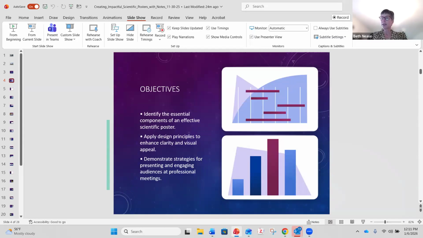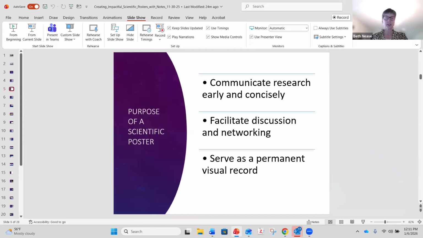So we're going to get started by thinking about why posters are so impactful and why we do this at conferences. And the main reason is to communicate your research early, because often it takes a while to get a journal article published. And so when you've finished your data collection and your data analysis, you want to share that information.